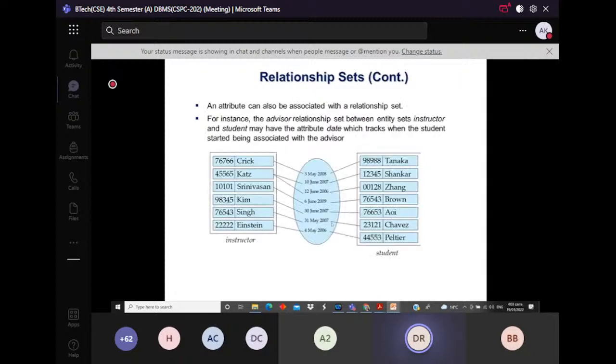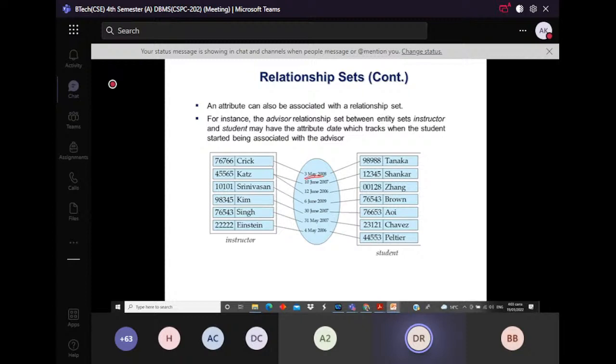Now in the last lecture we discussed that as entities have different attributes, similarly a relationship can also have different attributes. In this case we have date. Date means which instructor is associated with which student on which date.